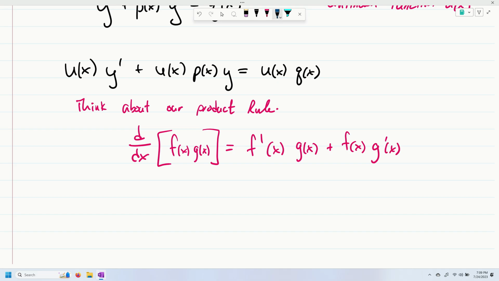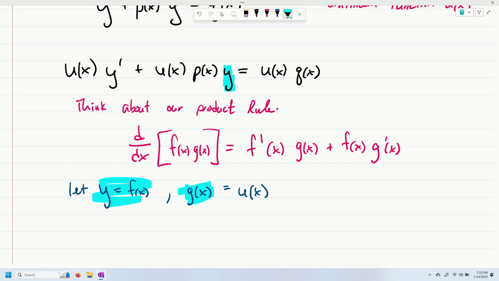So we're going to let y equal f of x, and g of x equals u of x. So what I'm doing here is I'm already starting to make some of these substitutions. But the big question here is, what do I do with this g of x equals u of x thing?